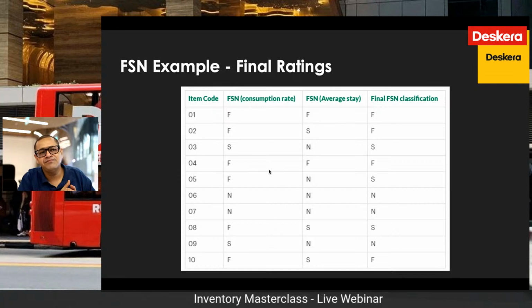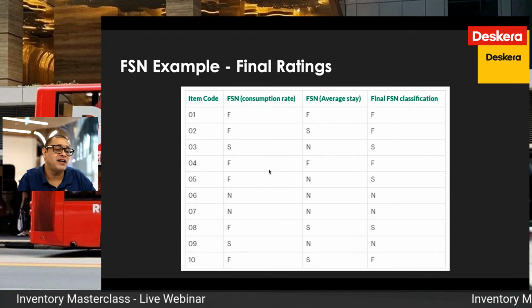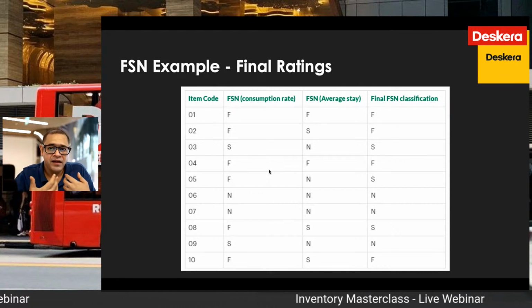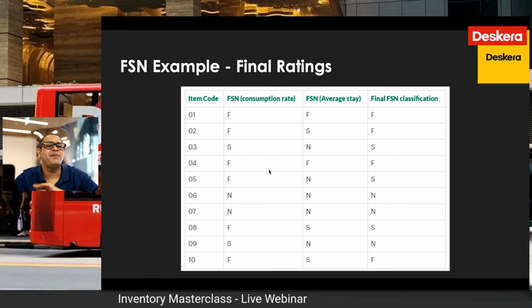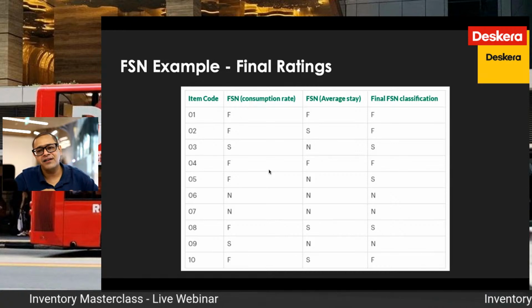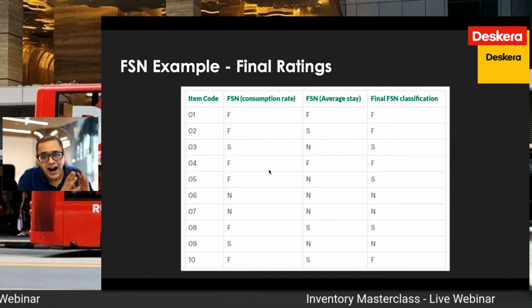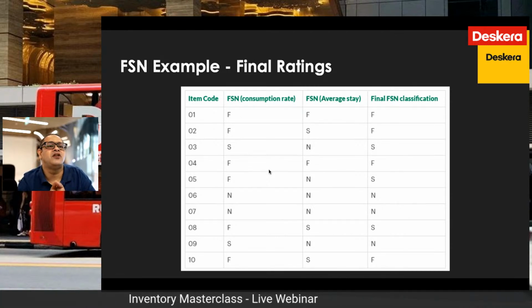Maybe it is not moving because of that, or it may not be moving because it is not a product that people want to buy. I mean, it depends, right? You have to further analyze. It's not just that you make decisions based on these numbers. These will help you make the decision or start on that process of finding out why something is not moving.